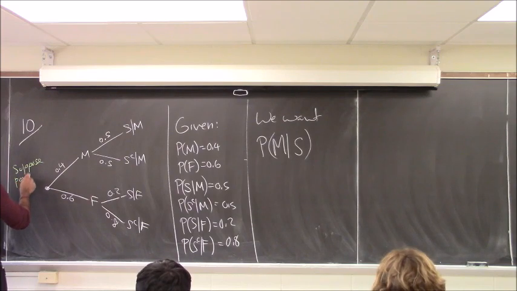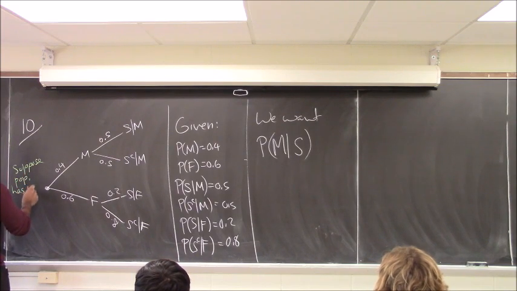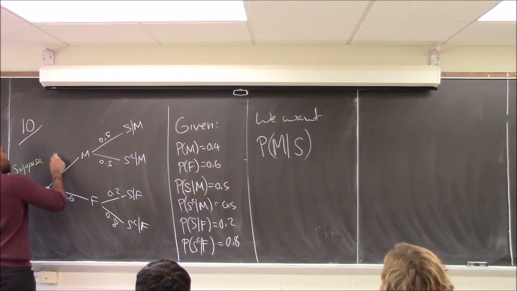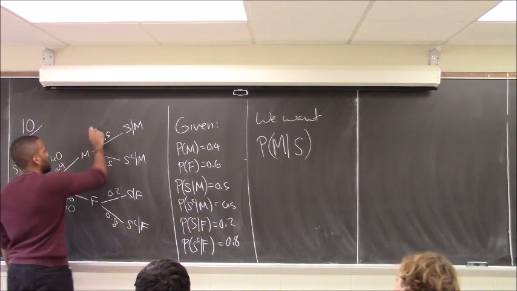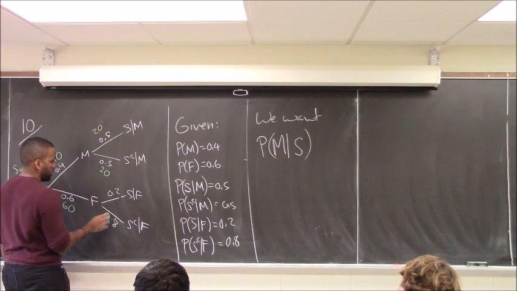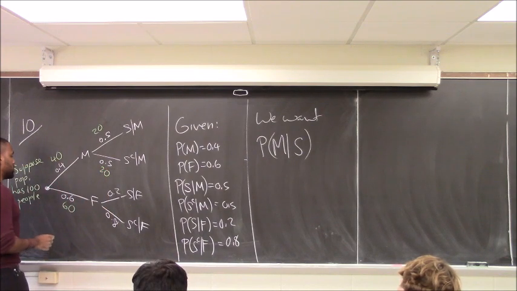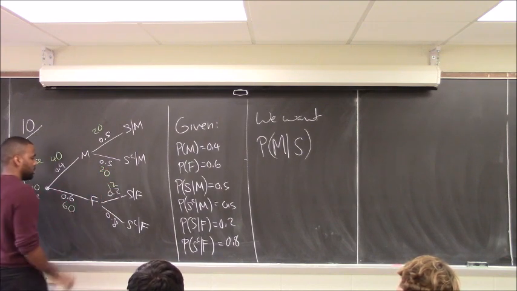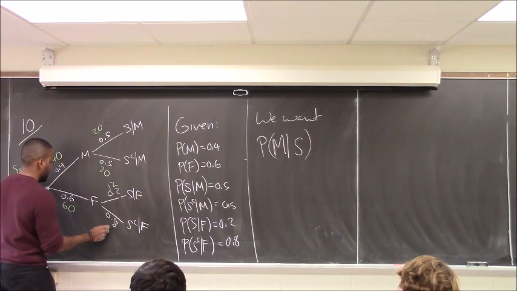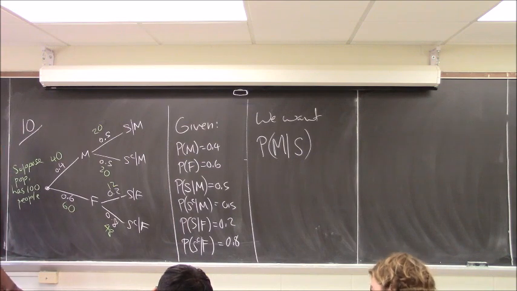Okay, so suppose the population has 100 people. So you have 40 people over here, 60 people over there, you have 20 people here, 20 people there. And 20% of 60 was 12? And 48 non-smoking people. 48, yeah. Right.